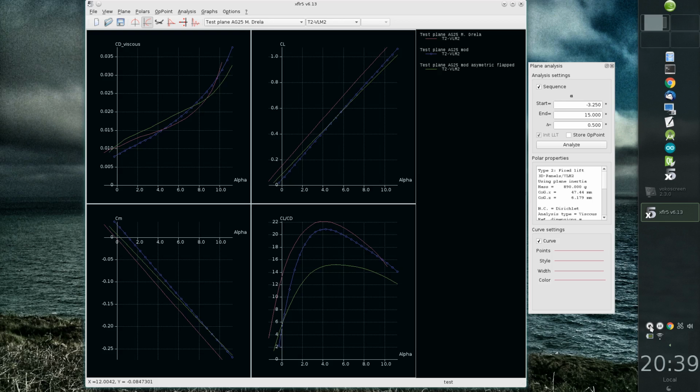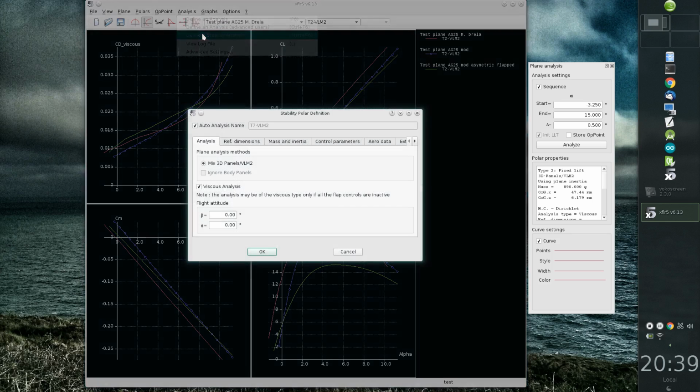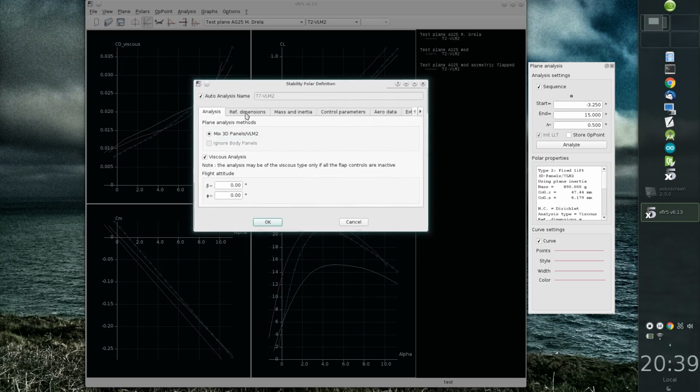The prerequisite to do this is to have a stable plane and to have this negative slope. And if we have that, then we can move on and define a stability analysis. So we get a new input form, which looks very much like the previous one.